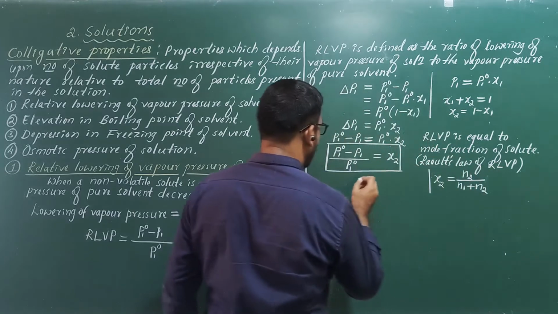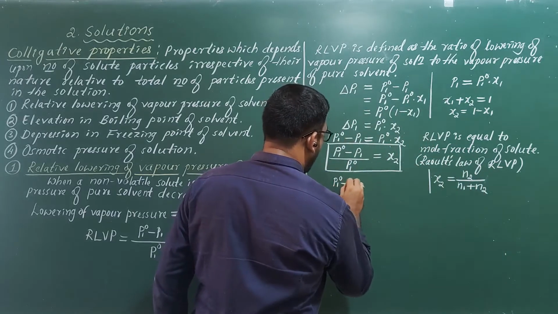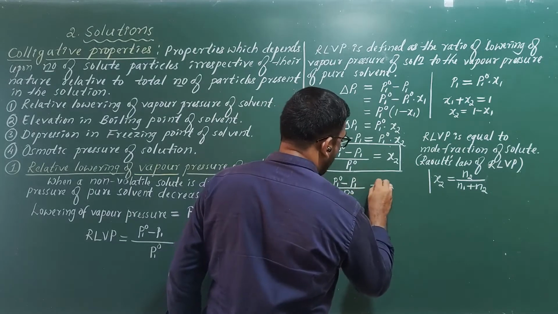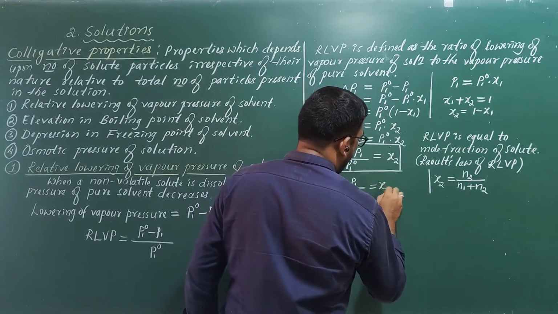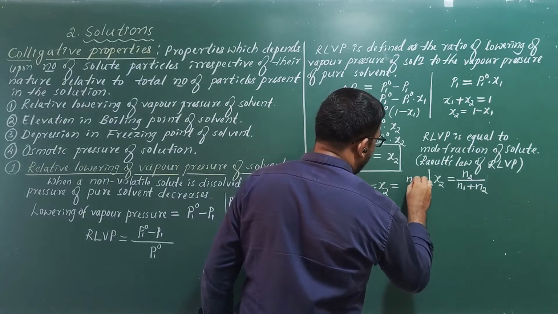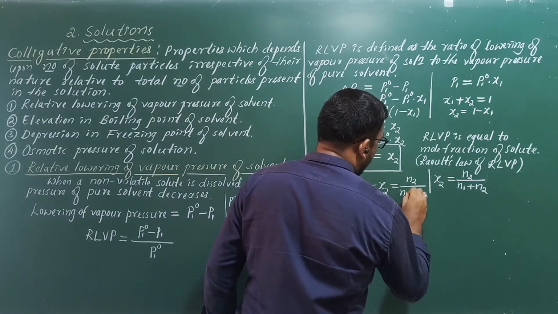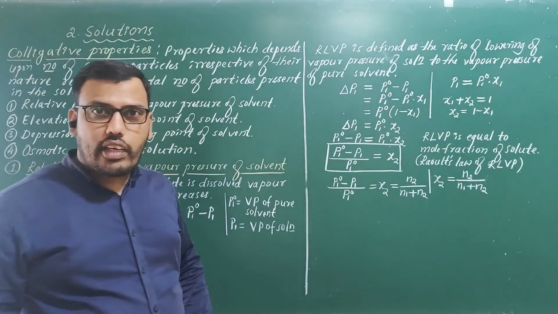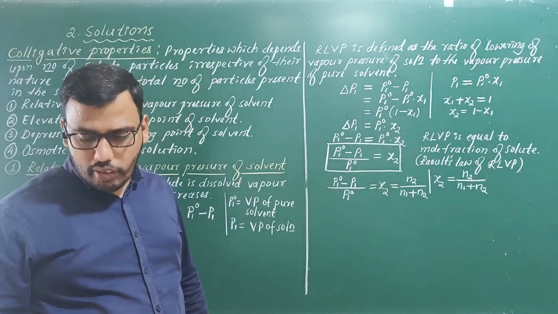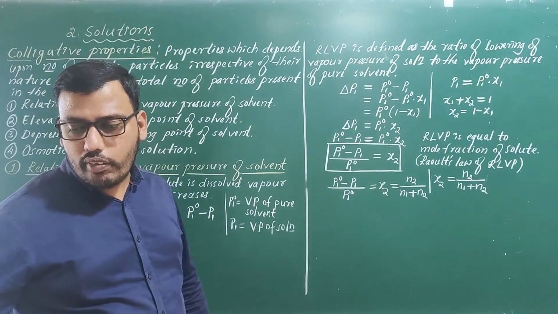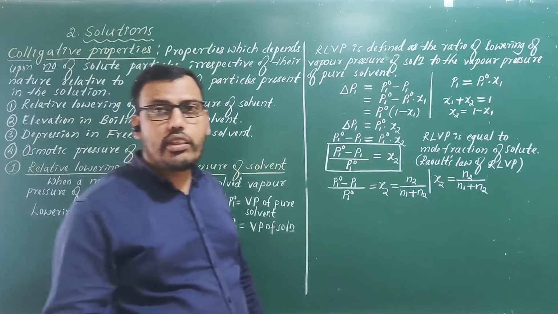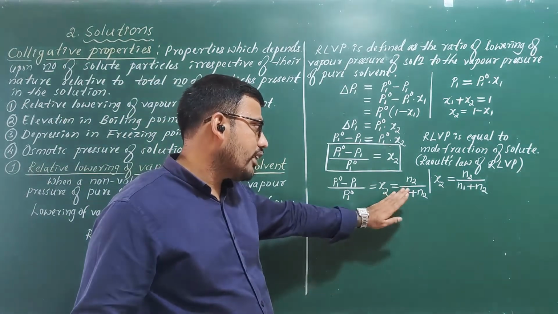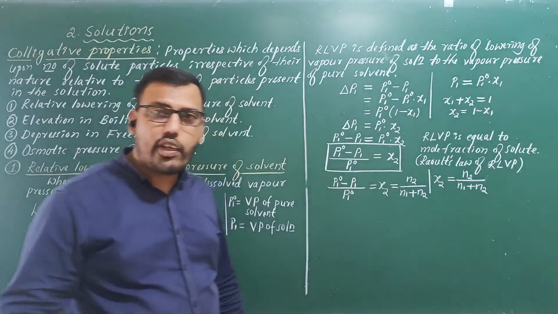So (P1 naught minus P1) divided by P1 naught is equal to x2, which can be written as N2 divided by N1 plus N2, according to the mole fraction concept. I have just substituted. Now you observe the denominator.